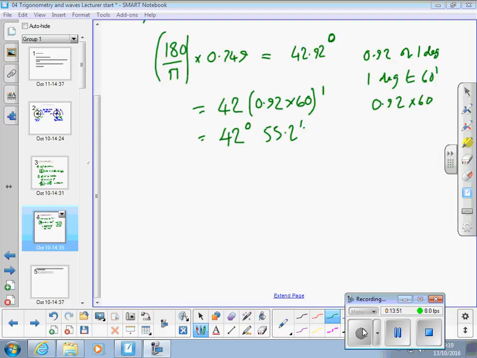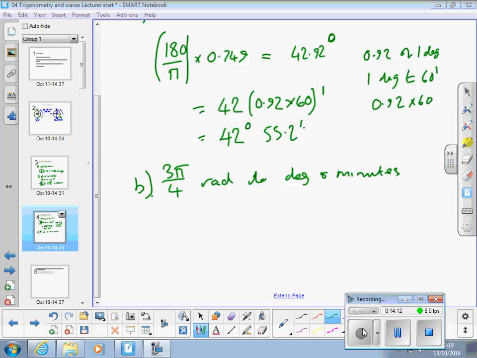The second one, B, is convert 3 pi over 4 radians to degrees and minutes. Yeah, so same method.